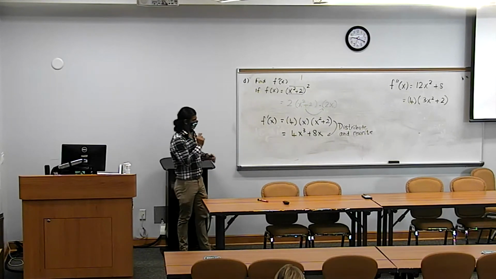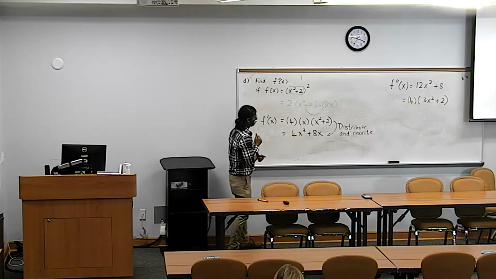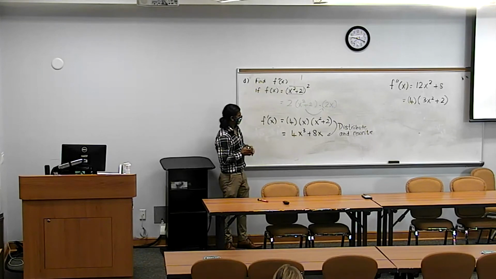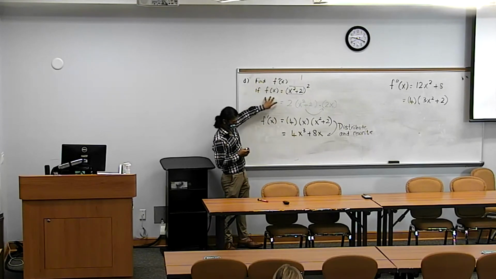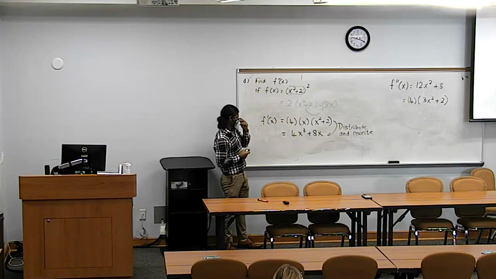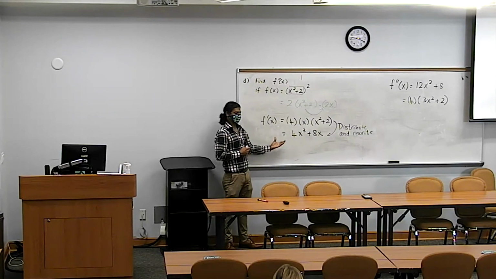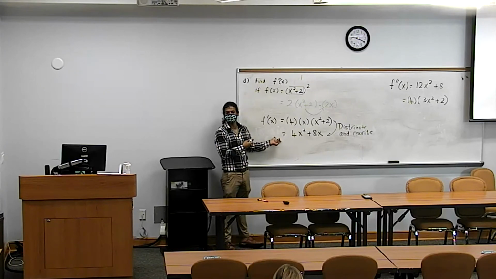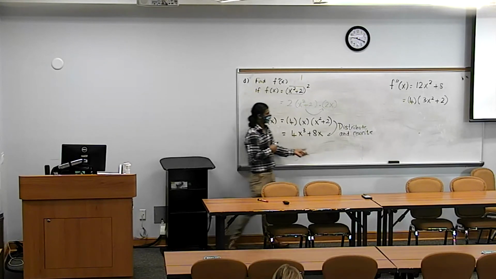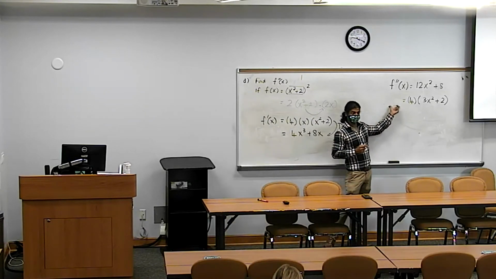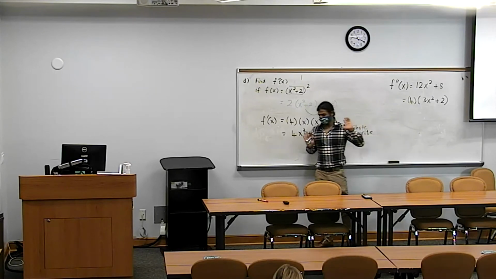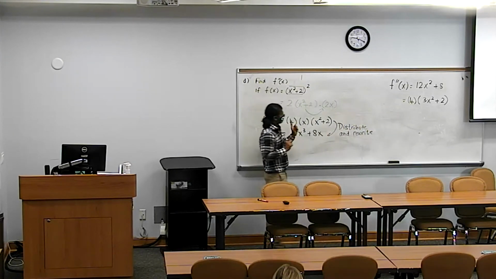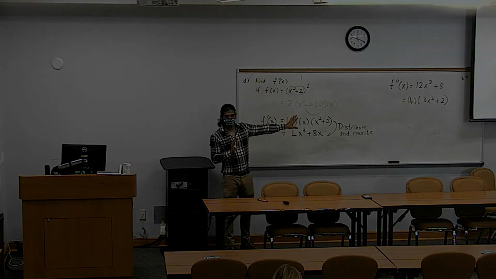It would be a tad bit more difficult. So, the key part here is chain rule. I want you to try this at home using the product rule and see if you get the same answer. Okay? Any questions? Okay. That is a good place to stop.